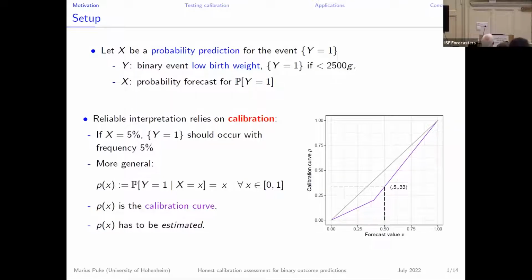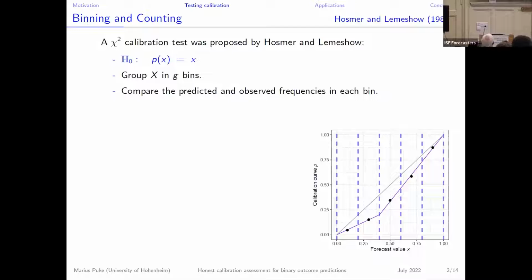If we would test whether this calibration curve equals this diagonal line, then we would have a calibration test. Such a test is proposed using a very basic way to estimate this calibration curve using binning and counting. One would simply bin the forecast values into different groups, and then calculate the mean of the outcomes within each of these groups, and then we obtain these black dots here.